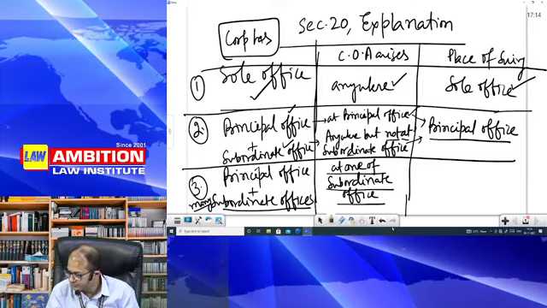Hakam Singh versus Gammon India Limited. Oh, sorry, this is 1971, AIR 1971 Supreme Court 740.